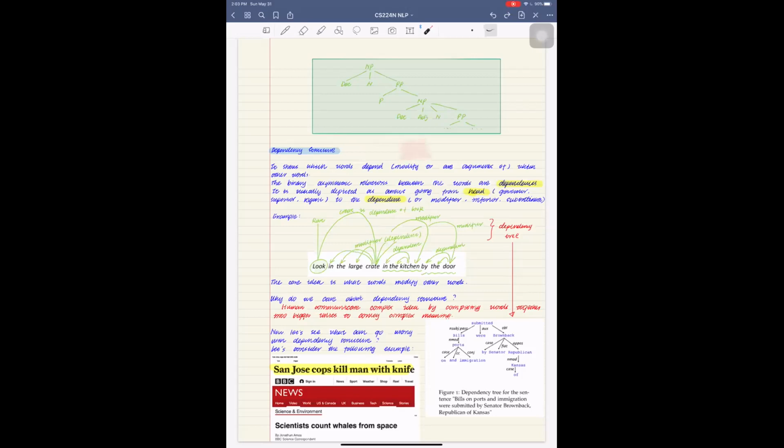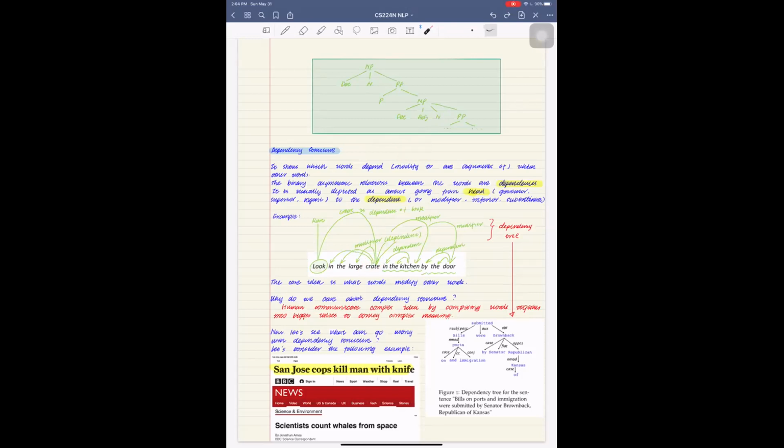Okay, so you start from root and then go to the verb here. That's the second step. Okay, so crate is a dependent of look, or you can say crate modifies look, or crate is a modifier of look. So it's all the same. But most of the time, I'm just going to say crate is a dependent of look.